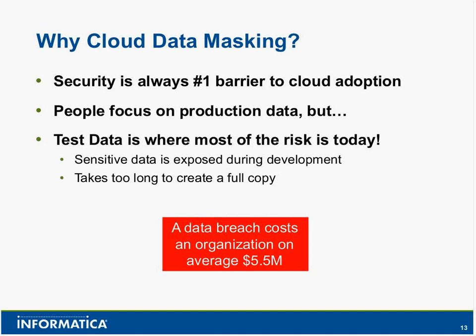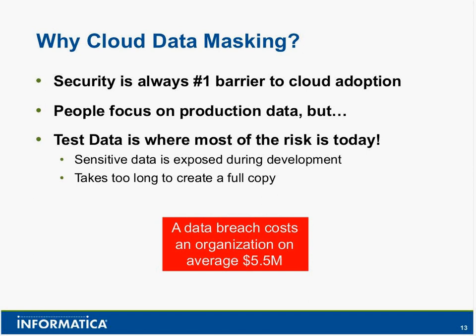because it's about security, which has been the biggest barrier to cloud adoption in numerous studies. The reason why this has been such a big problem is you just check the news every day. There's some organization that's dealing with a data privacy breach. Most organizations focus on production data, but realize that most of the breaches are happening internally.